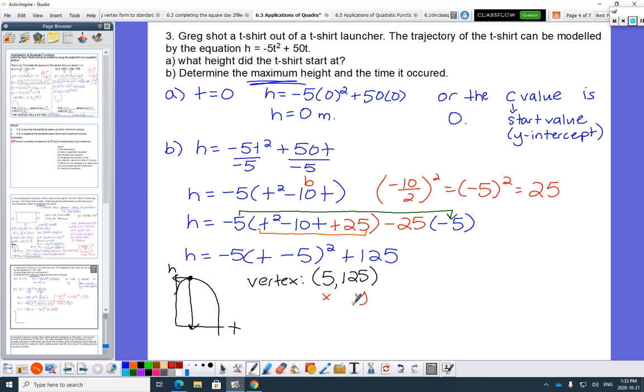Time is x, h is y. That can help you too. Okay, so whatever is going to help you with this. Also, again, if you get this, can you have negative time? No, okay? So make sure when you write your final sentence, think about, is my answer logical? Does it make sense?